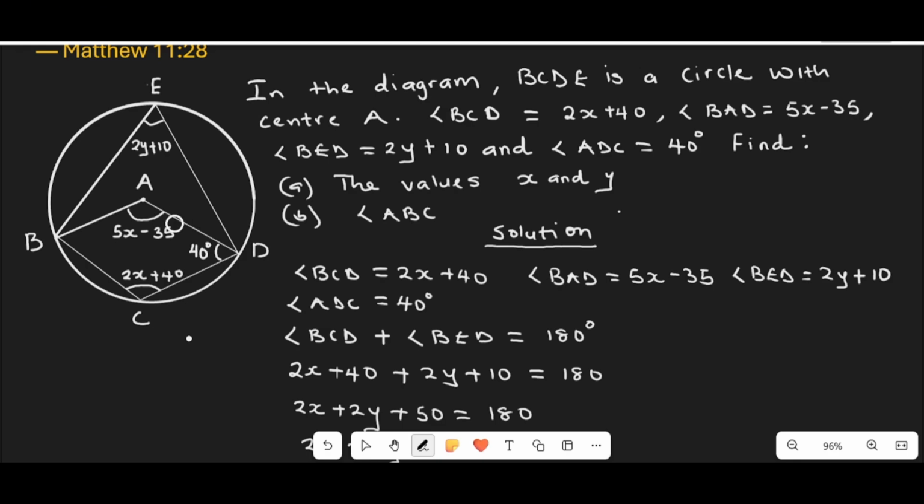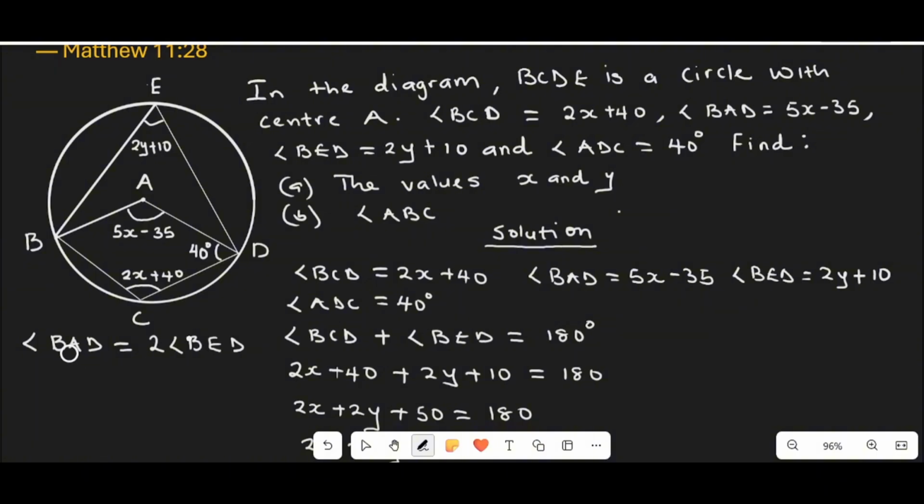In this diagram, the angle at the center is angle BAD and the angle at the circumference is angle BED, because both are standing on arc BD. So we can say, according to the law, angle BAD equals 2 multiplied by angle BED.